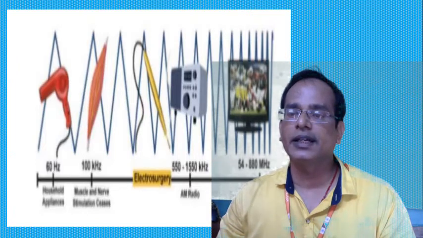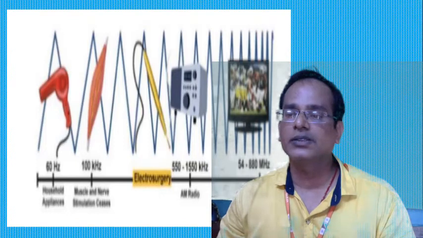Passing the electrical current through the tissue is called electrosurgery, whereas in electrocautery the current is used to heat a handheld element which is then applied to the tissue.